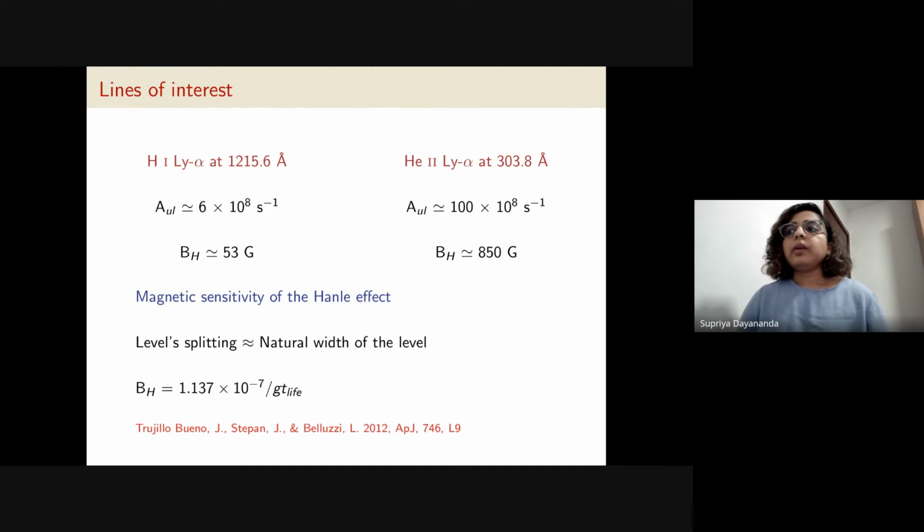These two lines were of specific interest because these Lyman alpha lines are sensitive to the Hanle effect in a huge range of magnetic field strengths. So the hydrogen line has a magnetic field sensitivity of 53 Gauss, and the helium-2 line has a sensitivity of 850 Gauss.